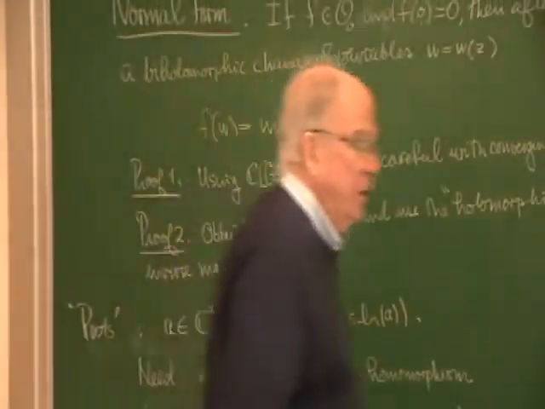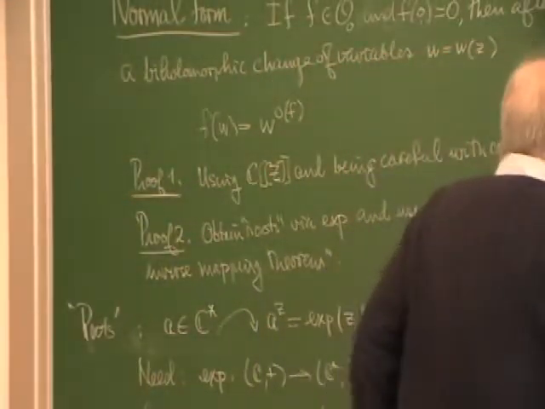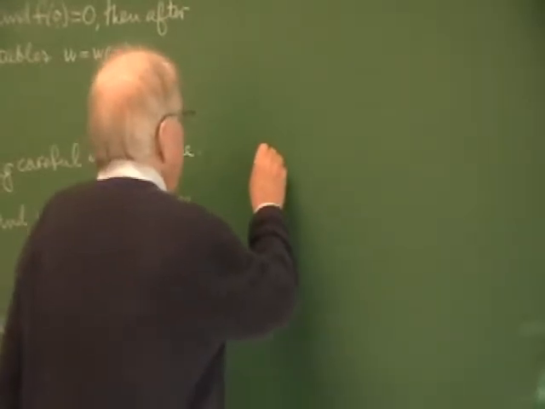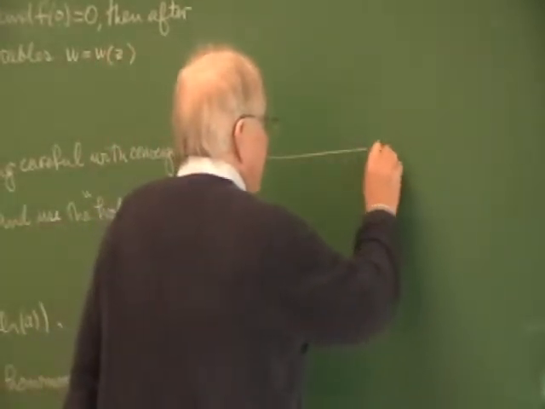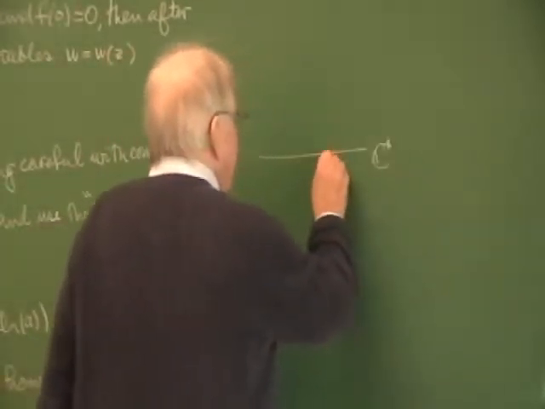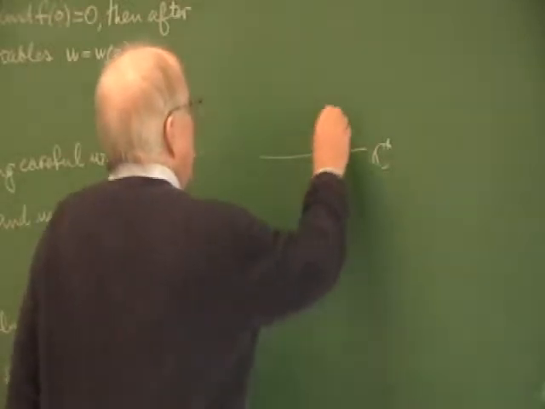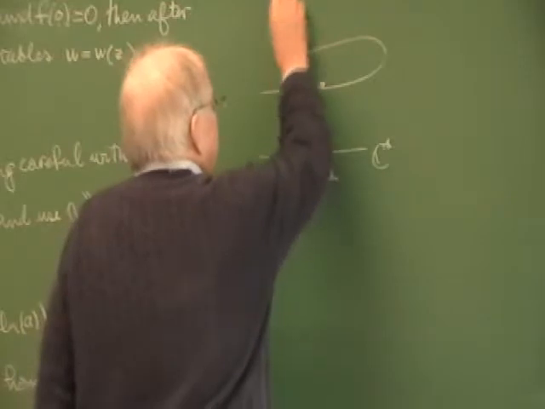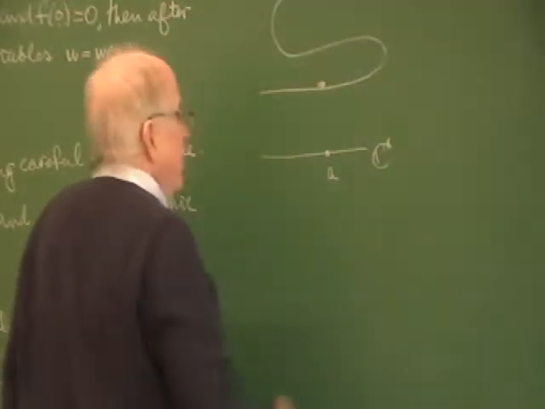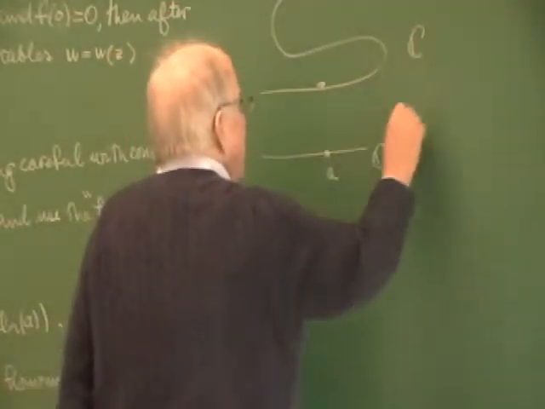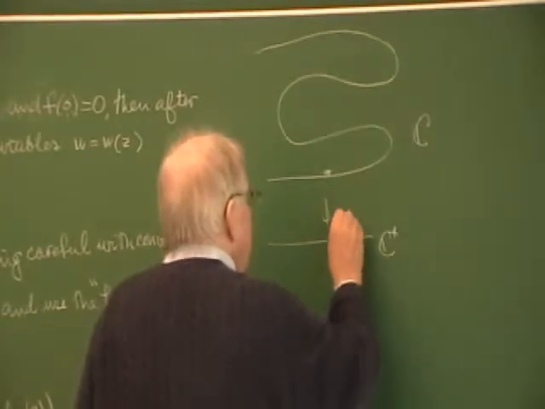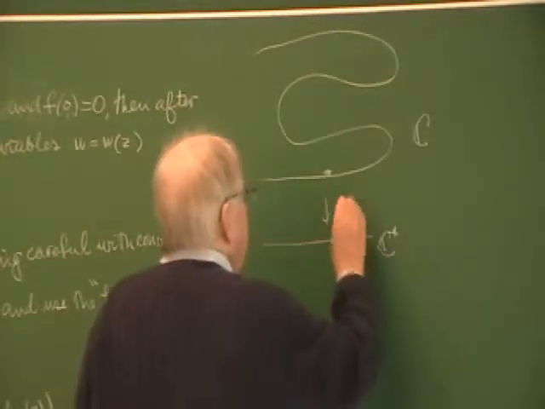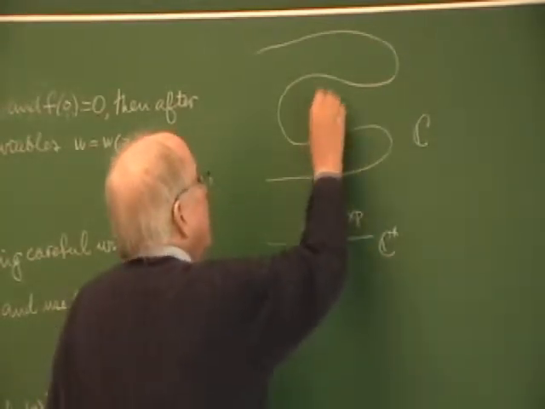The picture you should keep in your mind, in my own opinion, is here's A, and we will see, in fact, that this is C, and this is the exponential map, and here is there. We will see that there are various.